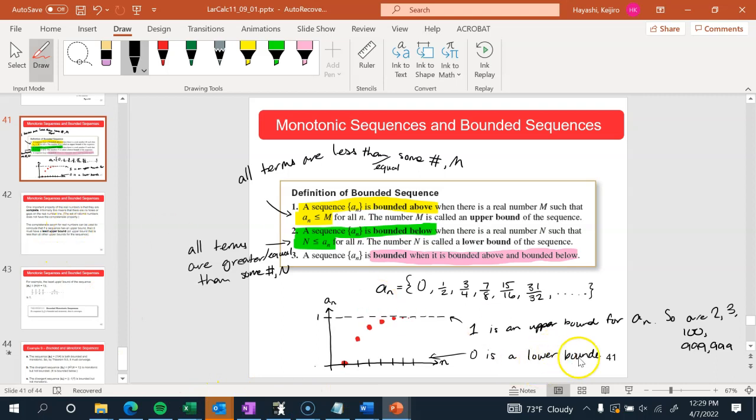And of course, there are other lower bounds as well. -1 is a lower bound, the sequence never goes below -1. And -2 also, the sequence never goes below. Of course, if it's never less than 0, it's definitely not going to be less than -2 either. So -2 and -1 and -100 million, those are all lower bounds.